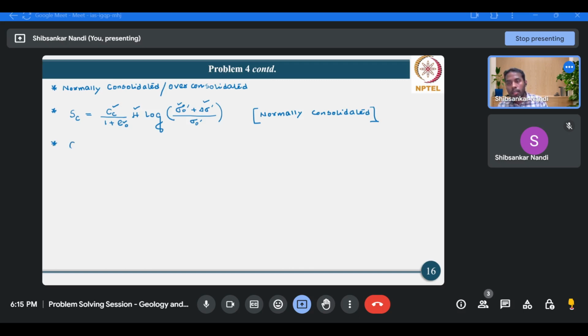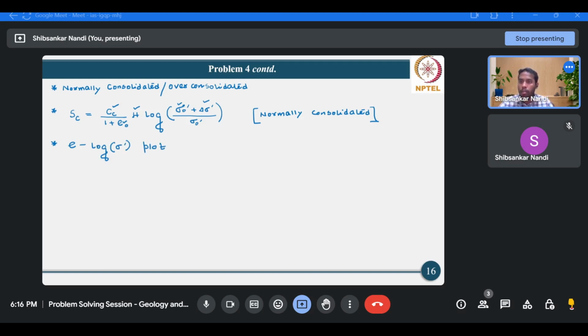Okay, so what is Cc? Cc is the gradient of the linear part in the e versus log p plot. Therefore, our first job, at least for this problem, would be to establish the e-log sigma prime plot.